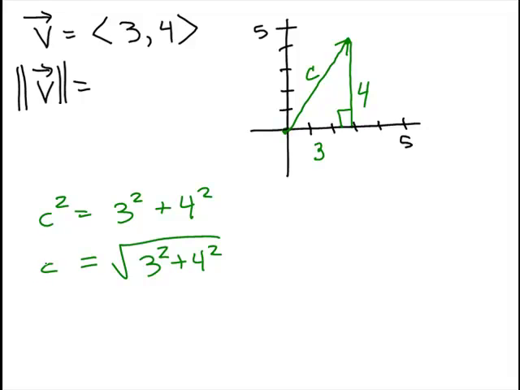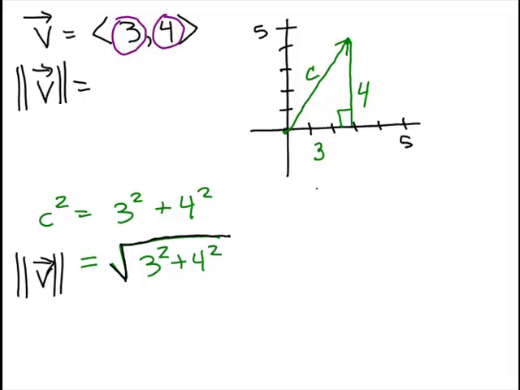Now c is this magnitude that we're looking for, right? So we're looking for the magnitude of vector v. And notice we got the square root of this value squared plus that value squared. So it looks like maybe that's one way we're going to get it.